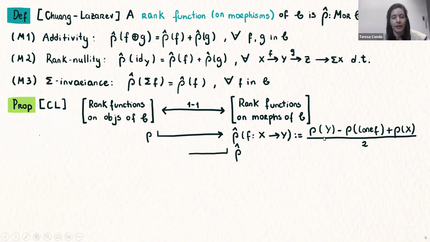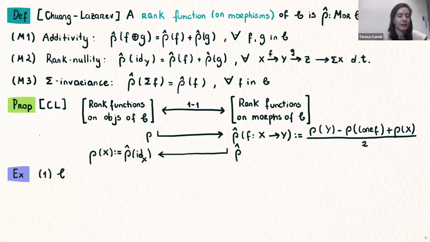And in the other direction, if one starts with a rank function on morphisms, let's call it rho hat, then we define rho of x as rho hat of the identity of x. So this is what the bijection looks like, and from now onwards we will jump between these two notions whenever it's convenient.